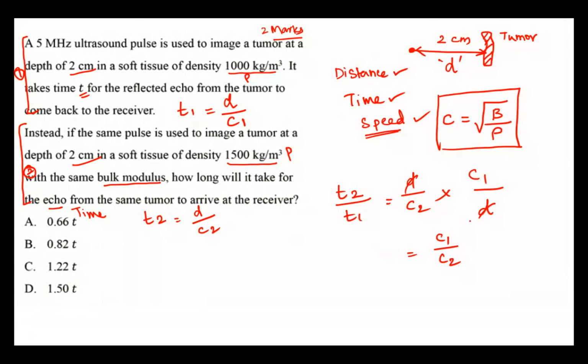So I know the formula. For c1, the bulk modulus is the same for both cases, and the only thing is the density differs.